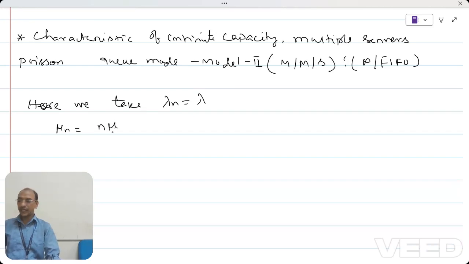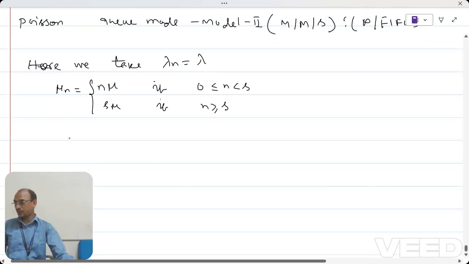We will consider n mu if 0 is less than or equal to n is less than s, the number of customers is less than the number of servers. And the second one is s mu if the number of customers is more than the number of servers. So these are the two cases we will consider for the service.